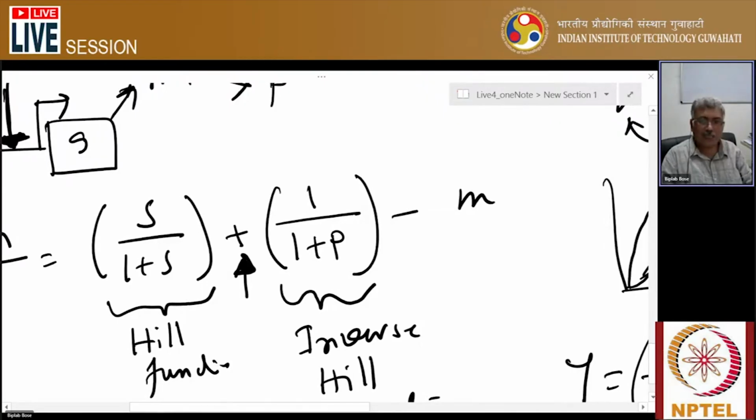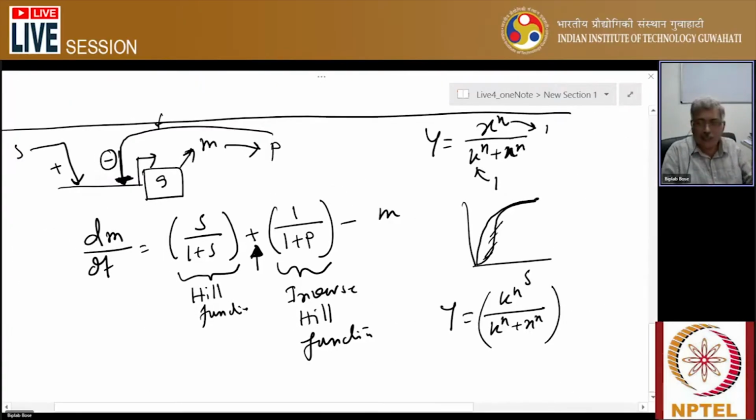When S is 0, the effect of P does not disappear; it is still there. When P is 0, there is still the effect of S. So they are acting independently. That's why I have a plus sign. If they had dependence, I possibly would have used another function or a multiplication. So is it clear up to this?